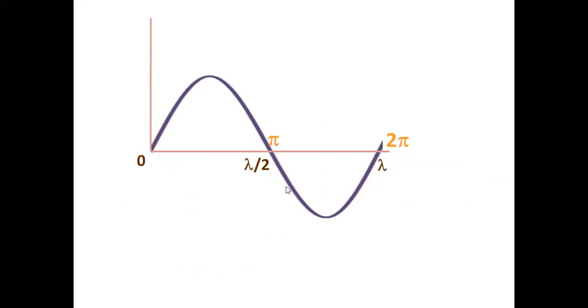Two particles at a distance of lambda have a phase difference of 2 pi, 360 degree. Two particles at a distance of lambda by 2 have a phase difference of pi. Two particles at a distance of lambda by 4, one fourth of lambda, must have a phase difference of pi by 2. That is always fixed.